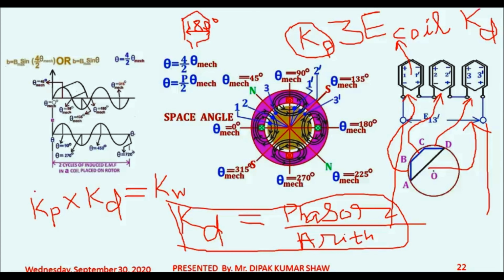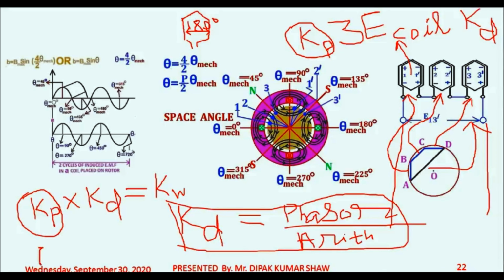So winding factor Kw is nothing but Kp into Kd. Kp is the pitch factor and Kd is the distribution factor. Of course, if you have full pitch coils distributed over the rotor periphery or stator periphery, in that case Kp will be 1, so Kw is simply Kd only. This Kp will come into the picture if the coils are short pitched.